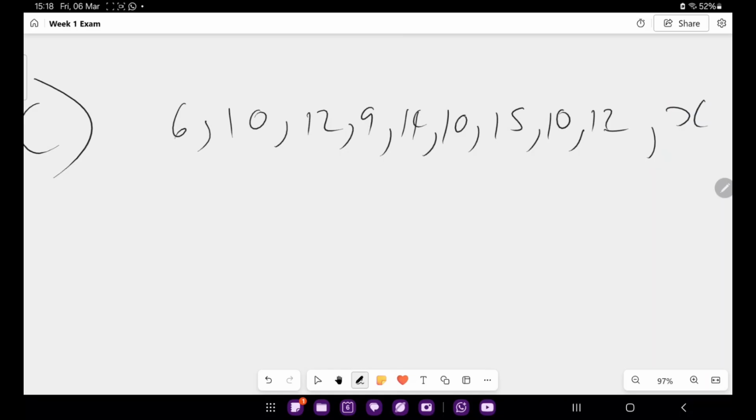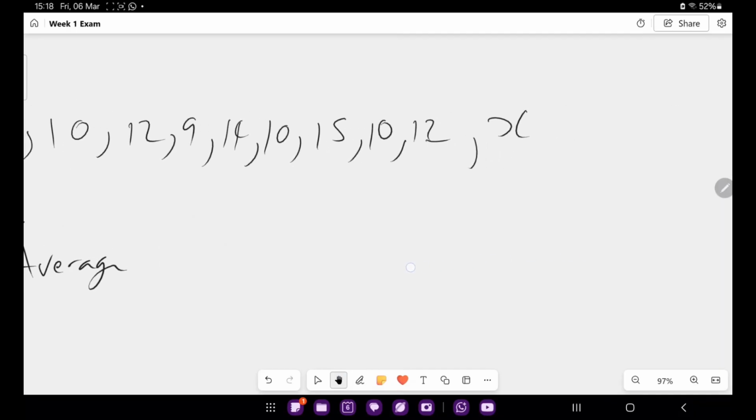We don't know that entry, so we're going to introduce x. And then they say the mean, that means the average. Mean means average. So the mean of these 10 days where bicycles were sold is 12. So we're saying that if we add all of this and divide by 10, the answer that we should get is equal to 12. So we make an equation out of that.